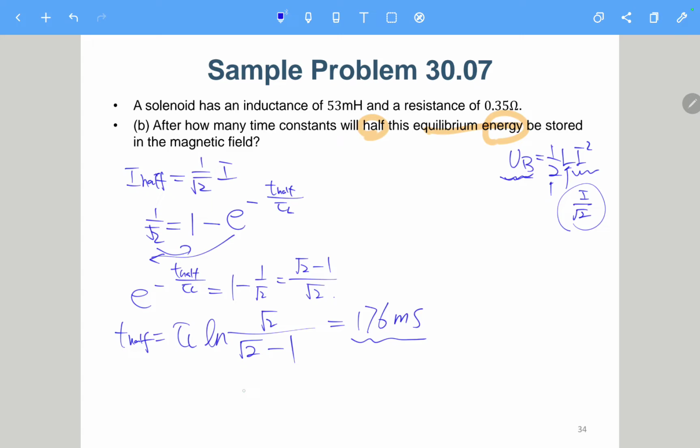Or actually, this factor is 1.23 times, because it does not ask you what the time is. It asks you how many time constants. So T half is 1.23 tau L. So the answer is 1.23 time constants.